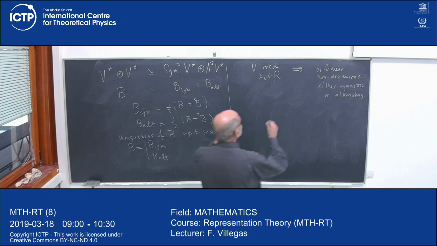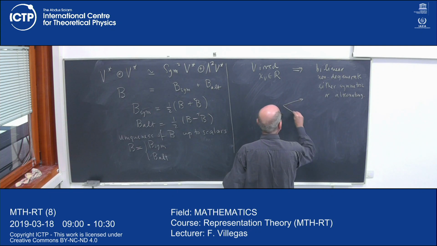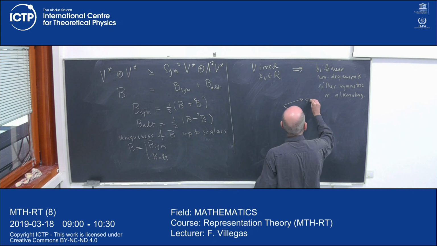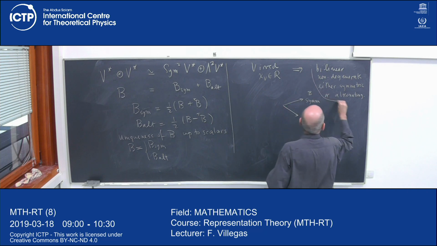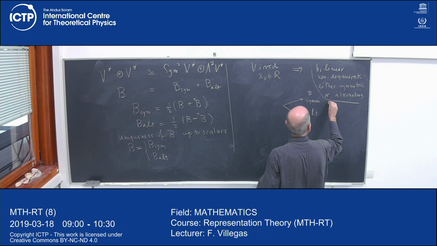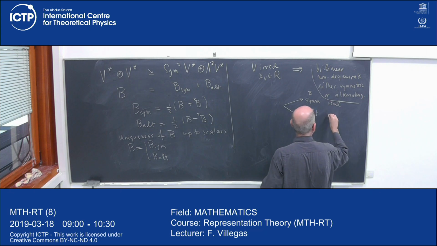So this will exactly break up into two cases: symmetric bilinear form B, which corresponds to real representation, or quaternionic.